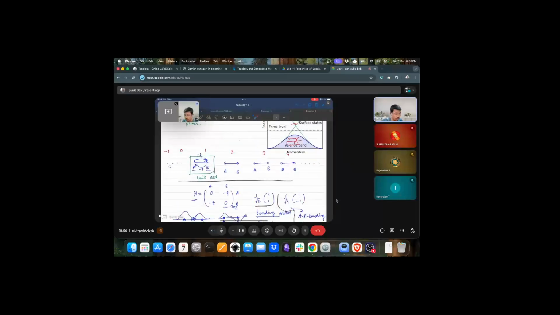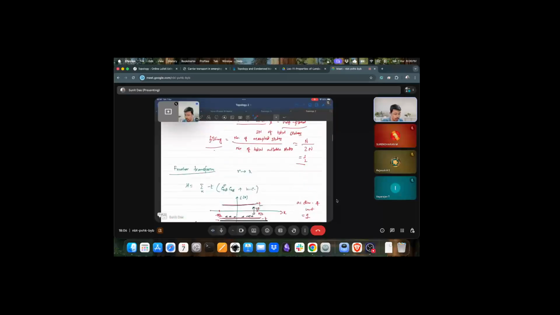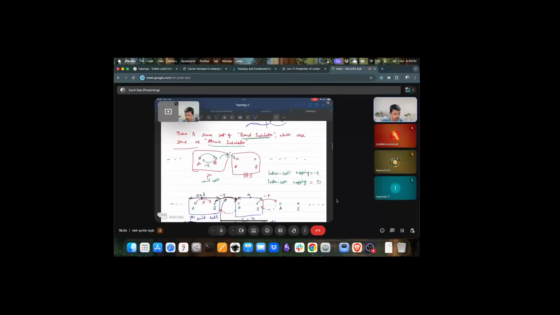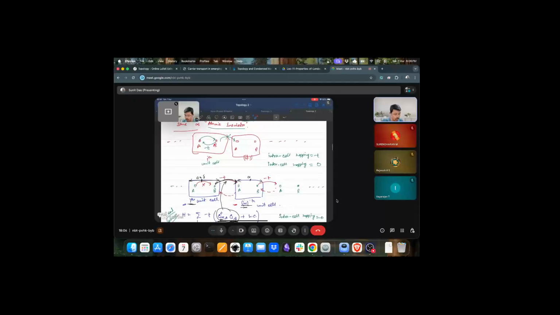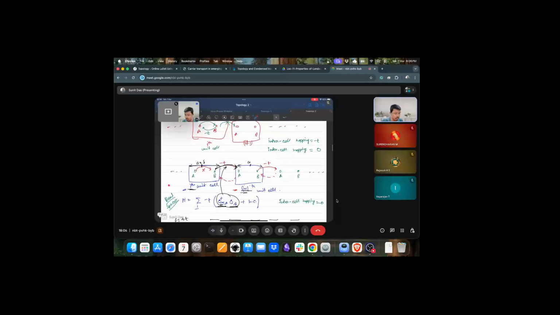So this was the trivial case, and this particular case was case two, where the hopping within the ith unit cell was 0, and between two consecutive unit cells there was some hopping of minus t.